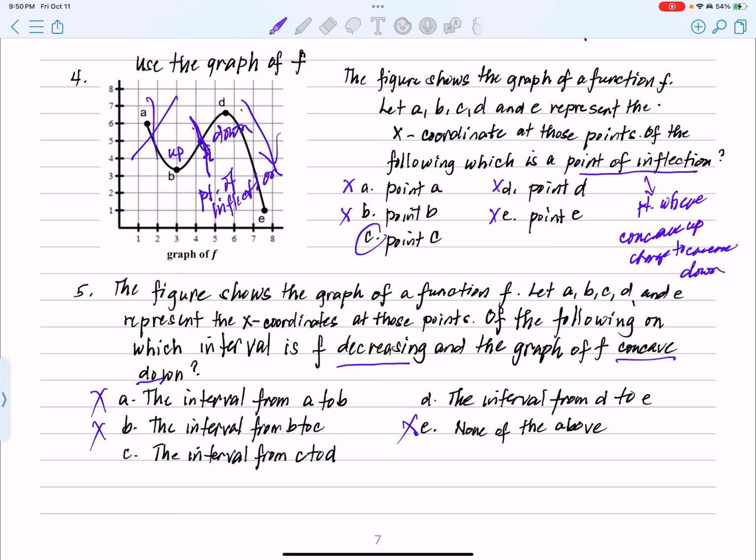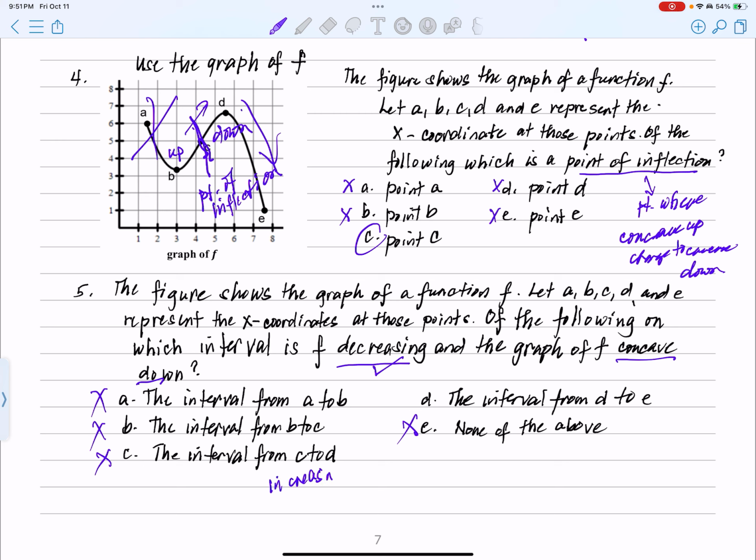So we'll talk about the interval from C to D. If you look at that, it's increasing. All right? The only one that is decreasing is from D to E. We are talking about decreasing. So C to D is not decreasing, but it is increasing.